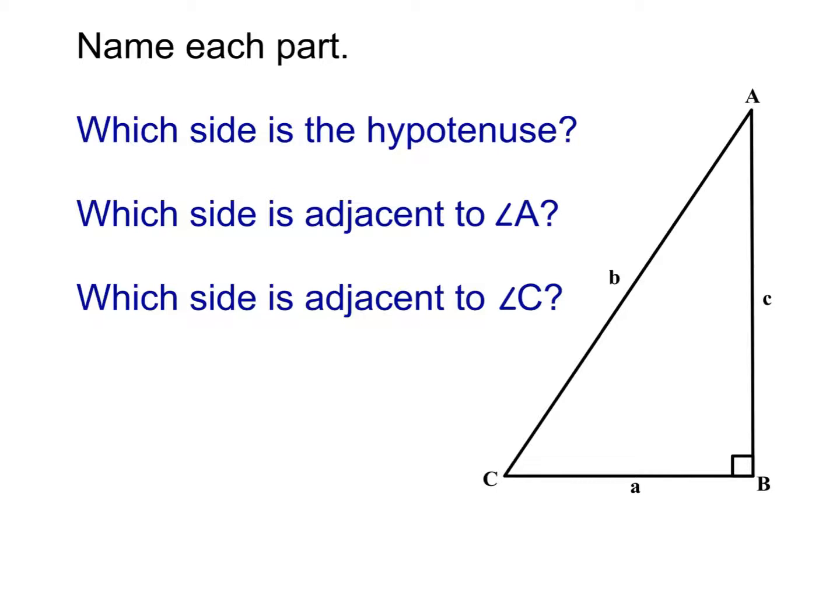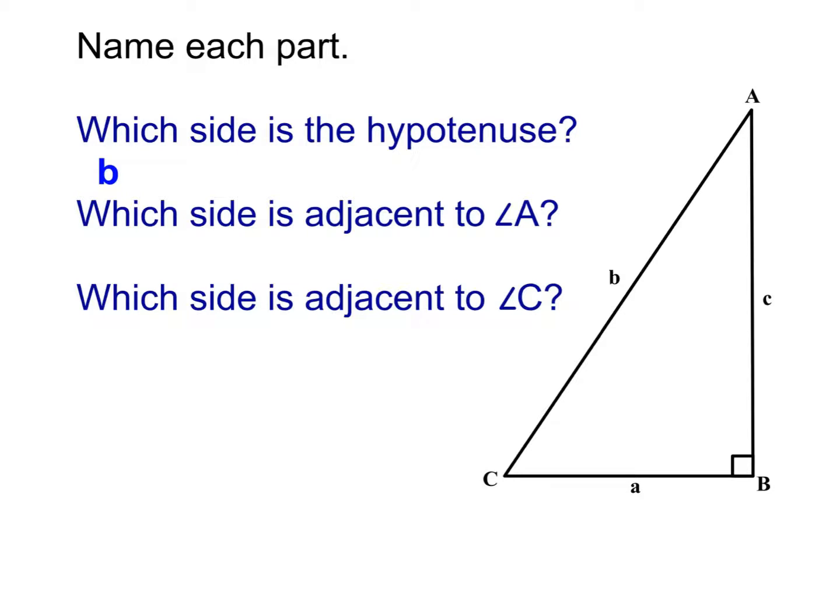All right, so then the first question we're asked here is, what side is the hypotenuse? First of all, is it an uppercase or a lowercase letter? Lowercase. It's got to be lowercase, because we're talking about a side, right? So then, which one's the hypotenuse? B. It is B, yes. Now, if you weren't sure why that is, the hypotenuse has two different properties, and you could use either of these properties to identify it.